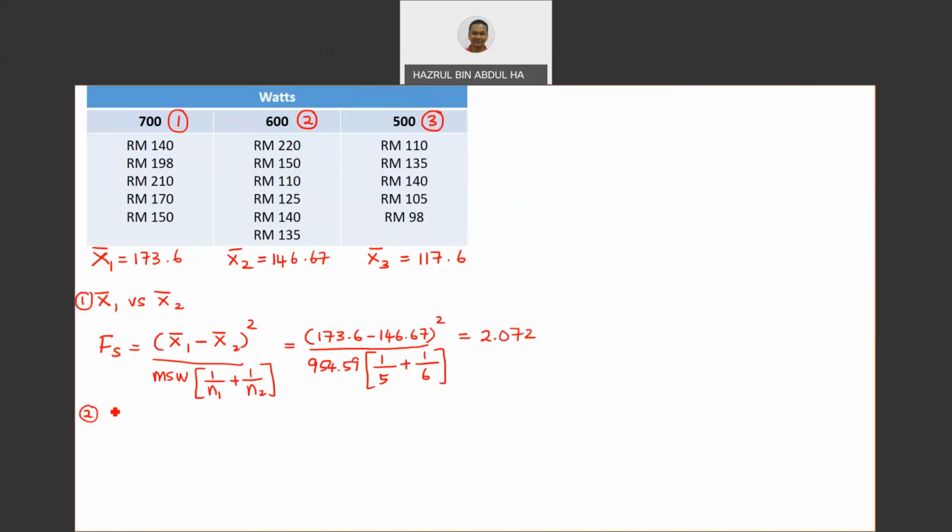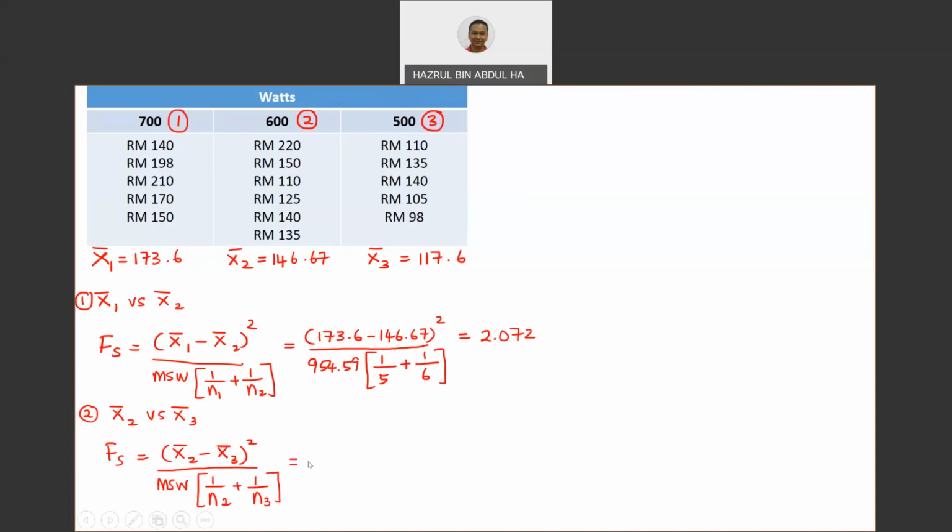For the second comparison, you compare the second group with the third group. So Fs will be x bar 2 minus x bar 3 squared over MSW times 1 over N2 plus 1 over N3.